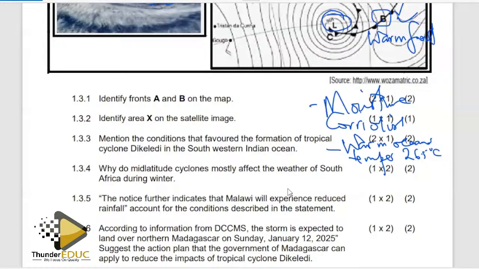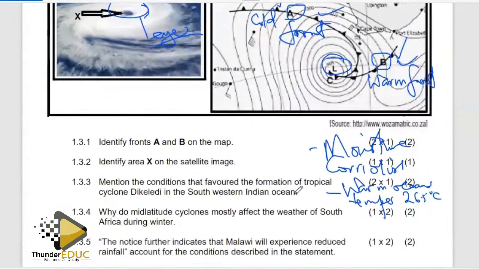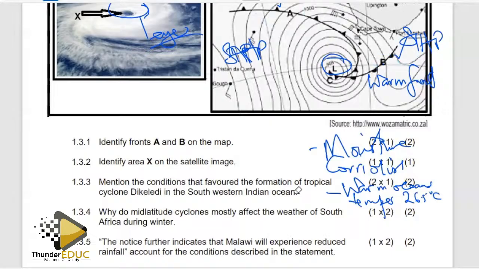We know well that over the Southern African subcontinent, we have two anticyclones affecting the weather system. We have the South Atlantic high pressure on the west and the South Indian high pressure on the east. Because of these two, they act as blocking systems. They block weather systems from affecting the interior.